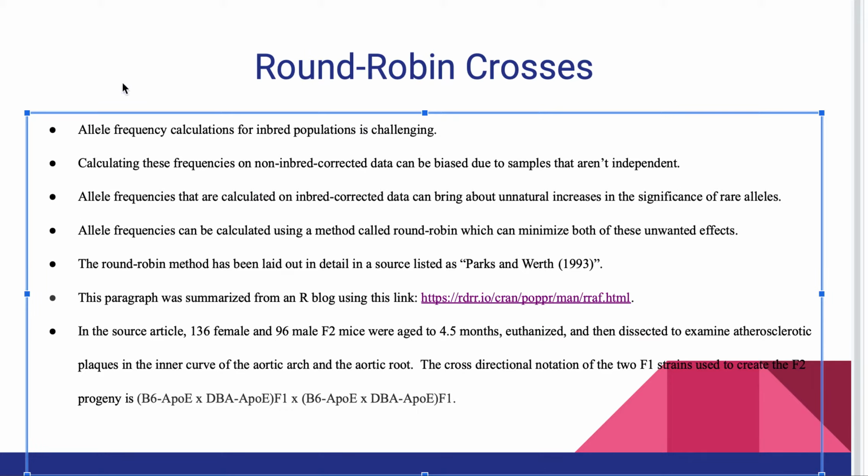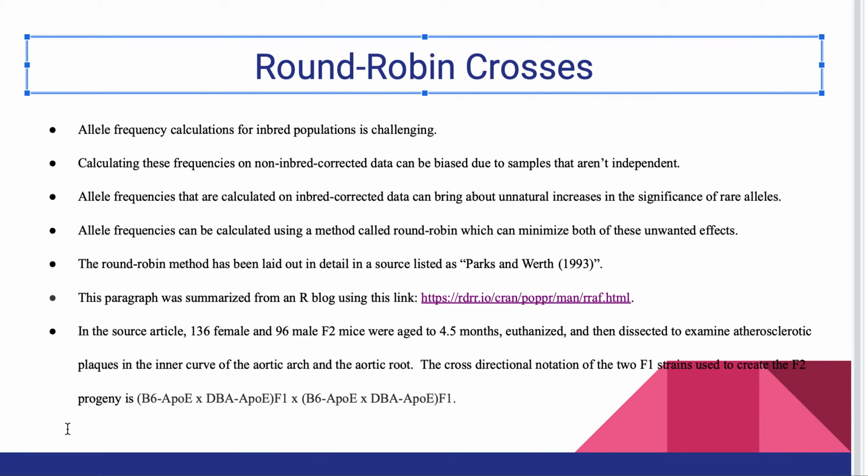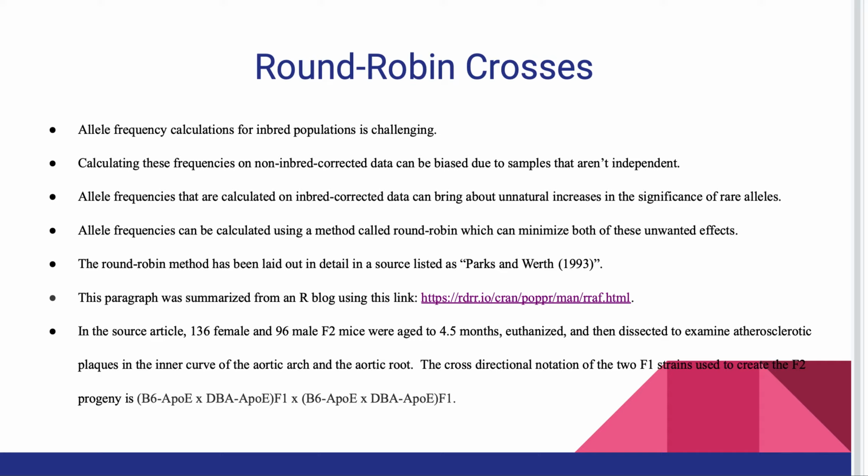Allele frequencies that are calculated on inbred corrected data can bring about unnatural increases in the significance of rare alleles. Therefore, the allele frequencies can be calculated using a method called round-robin, which can minimize both of the previously listed unwanted effects. The round-robin method has been laid out in detail in a source listed as Parks and Worth, 1993, and that paragraph was summarized from an R blog using the following link, which is in the final report.